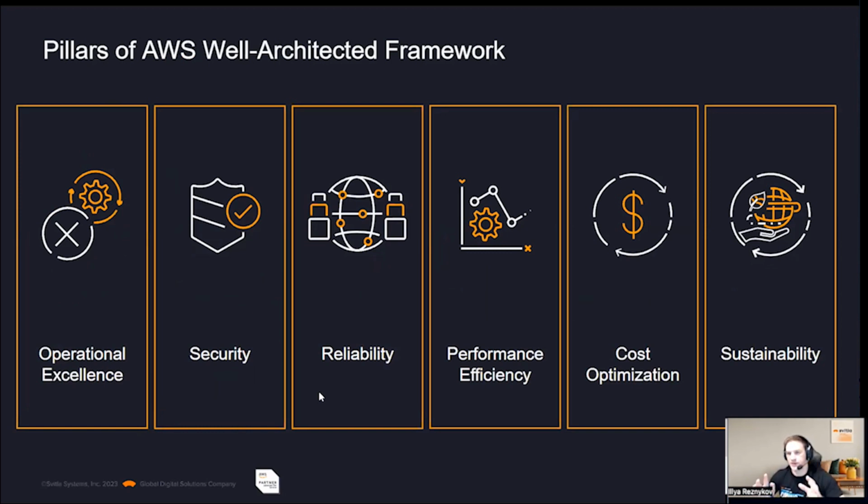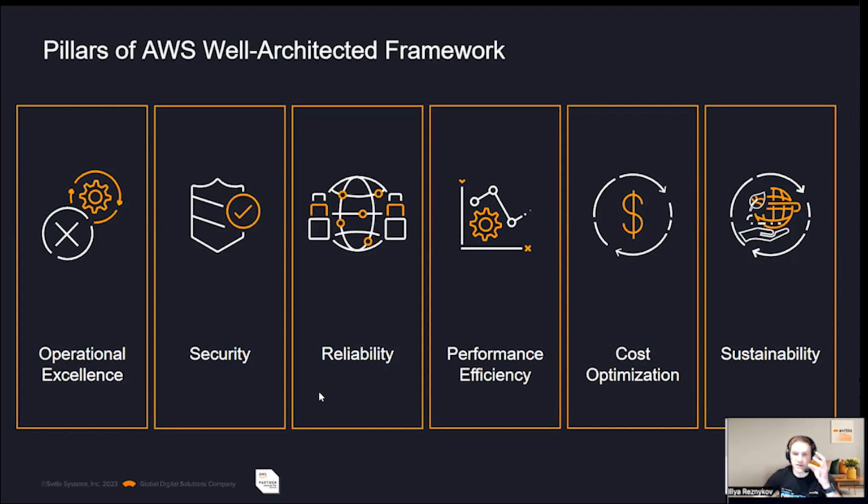Most of these names are quite self-descriptive. So we understand that, for example, the operational excellence pillar includes the ability to support development and run workloads effectively, gain insight into their operation, and continuously improve supporting processes and procedures. For example, security is about the ability of our workload to be secure and protect data, infrastructure, and so on.